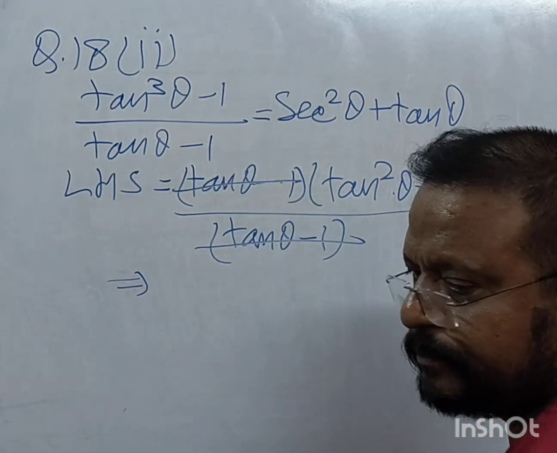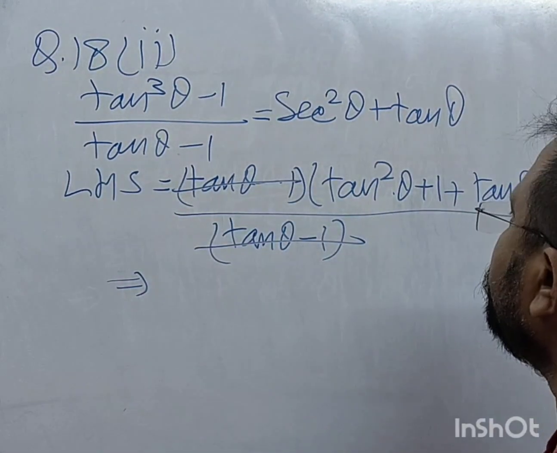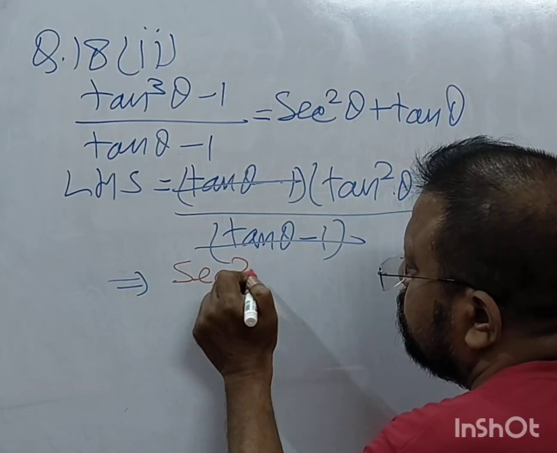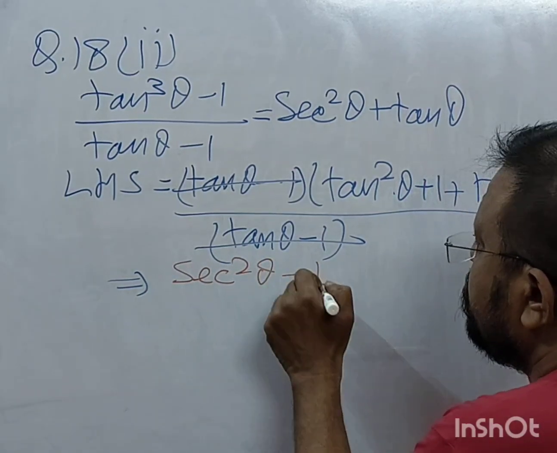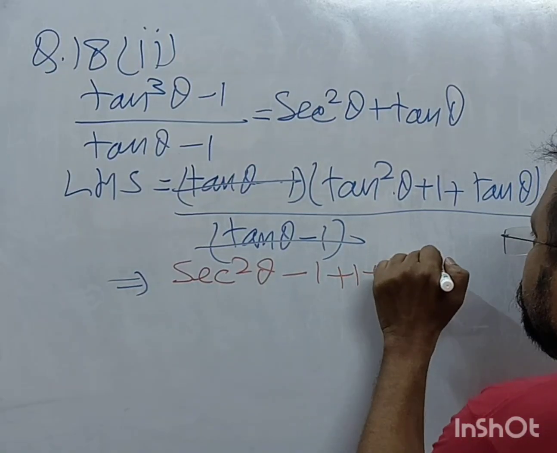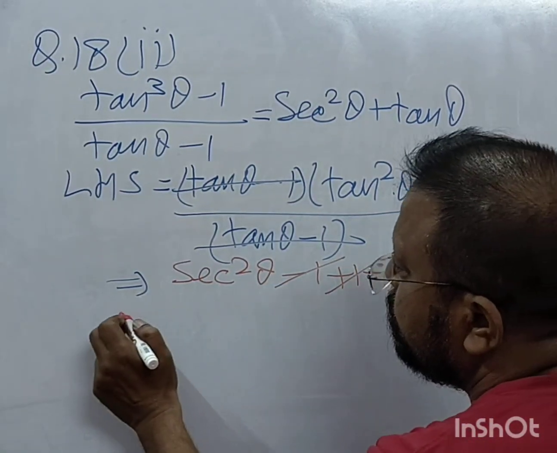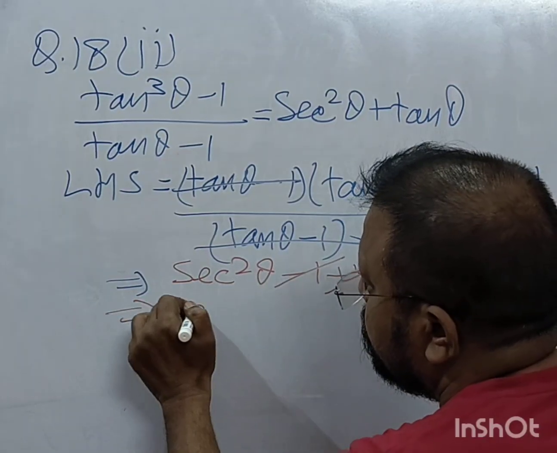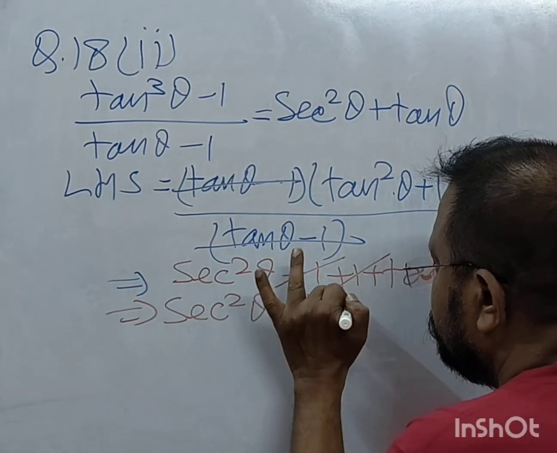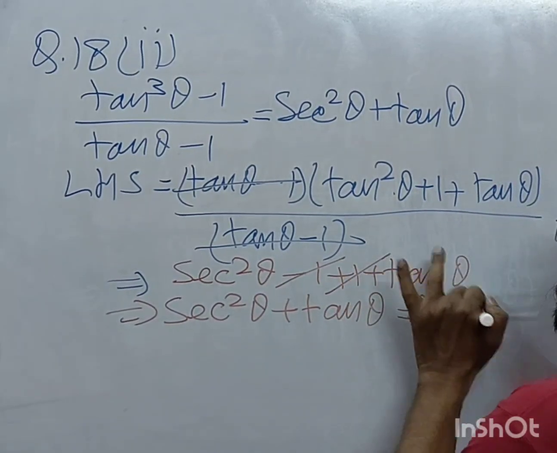What do you get here? You get sec square theta minus 1 plus 1 plus tan theta, right? Plus and minus 1 cancel out. You get sec square theta plus tan theta, which is equal to RHS.